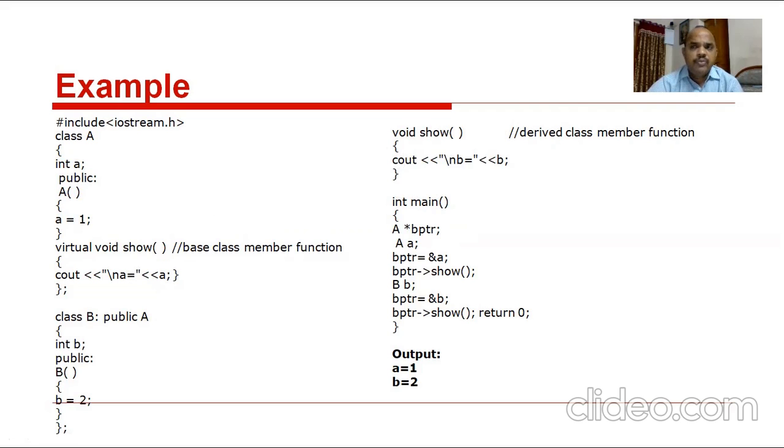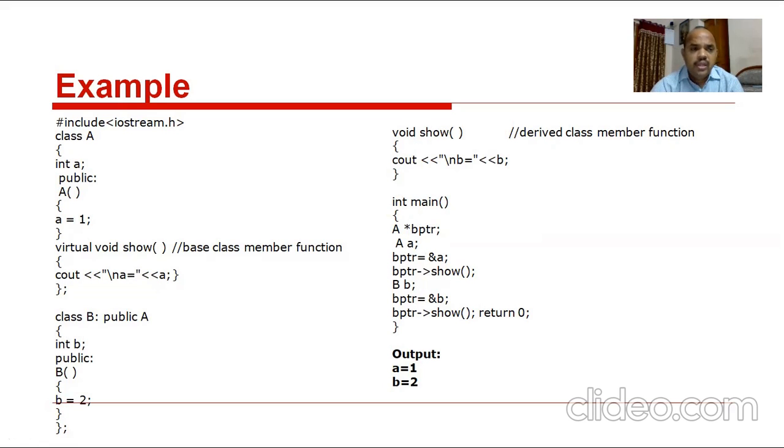Clear, all of you? Then in this example, base class object asterisk bptr is a pointer variable, then bptr equal to ampersand a, and bptr dot show. Which function will be executed first?